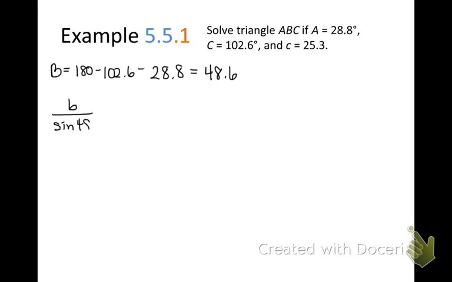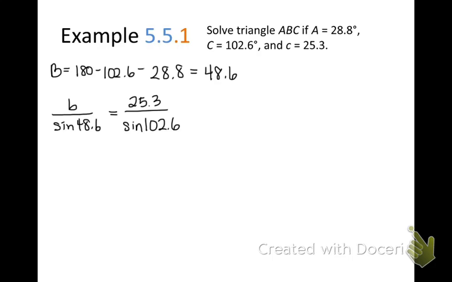Sine of 48.6, the sine of angle B. And set that equal to what? Am I going to use the A's or the C's? C's, because I don't know little a yet, right? That would do me no good. So I'm going to use little c, which is 25.3 over sine of capital C, which is 102.6.